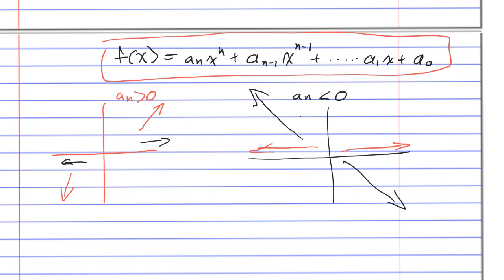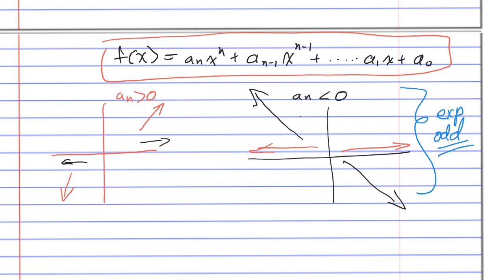So now let's talk about the rest of this. These only happen because with this problem, the exponent is an odd number on the largest exponent.